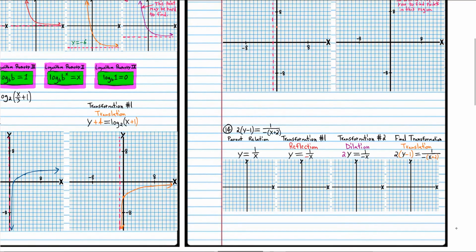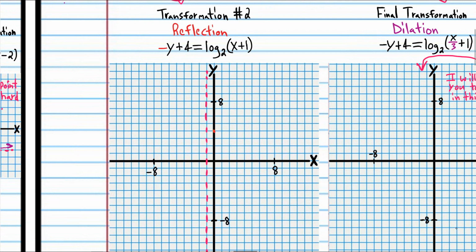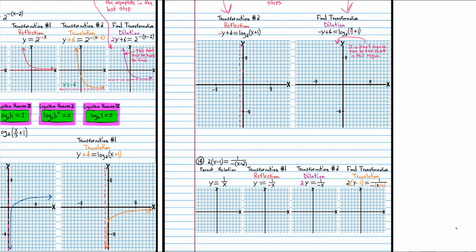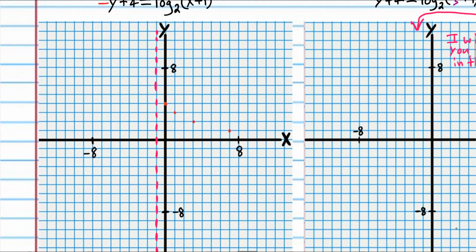And we're just going to reflect all the other points. And we get the following. So let's double check all that. Everything looks right, so let's connect the dots. Understanding that as we go up, we get closer and closer to the asymptote.